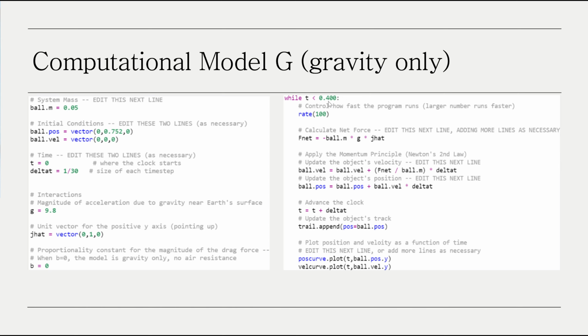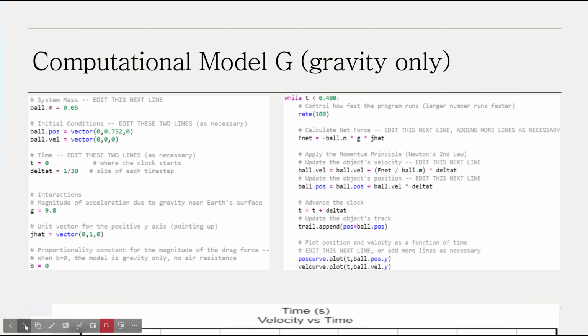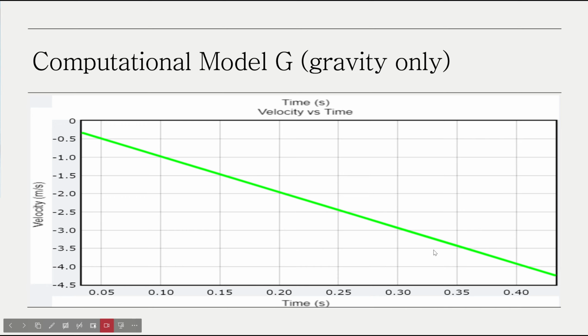While t is less than 0.400 seconds, since that's the time we found it took for Yankee Man to hit the ground from the initial height, we find that the net force is equal to negative m times g, which we derived earlier. And then we update the ball velocity, since the ball velocity is v plus at, and a being the net force divided by mass. And this is a linear line, since g doesn't change, and the net force is equal to mg.